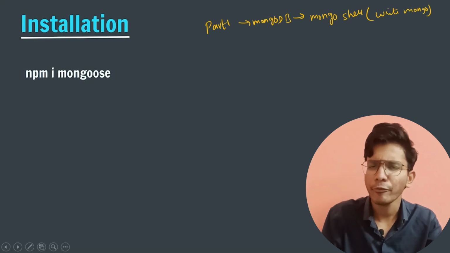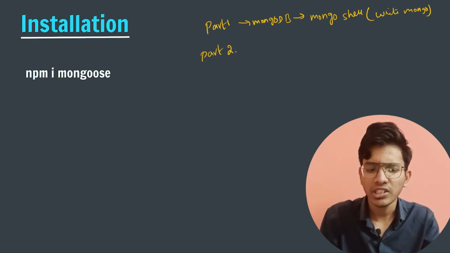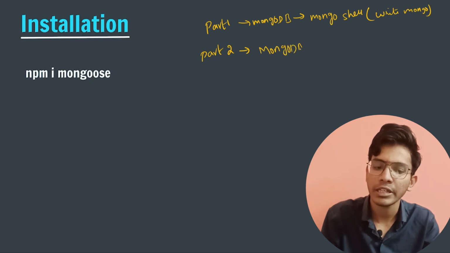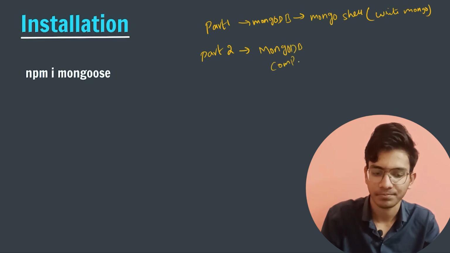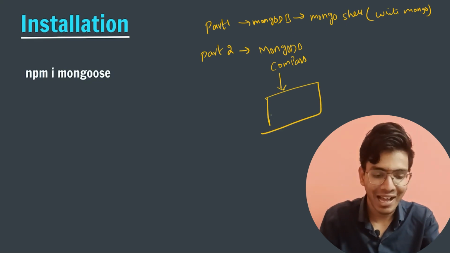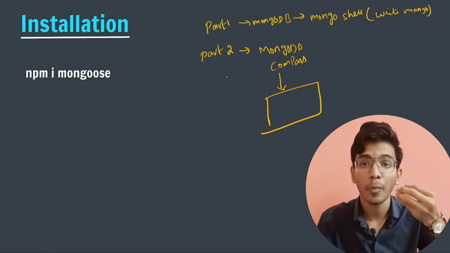Okay, now I have told you, if you remember, that in part 2 we will study an application, and the name of the application is MongoDB Compass. Right, so here MongoDB Compass is an application which we download locally to run our Mongo server.